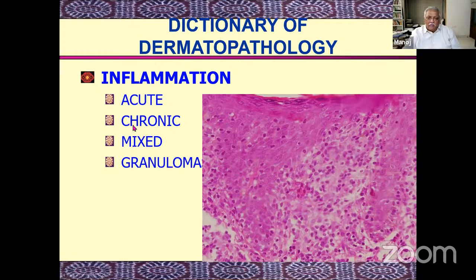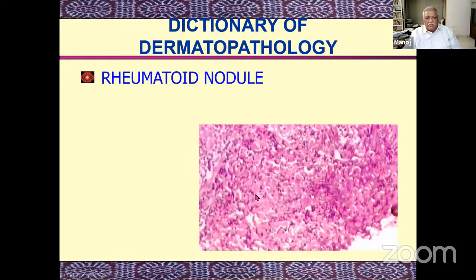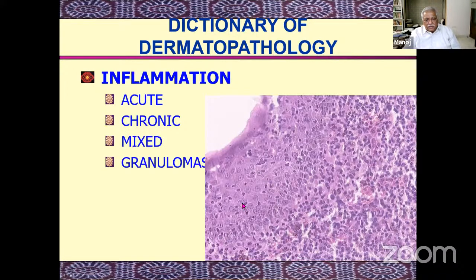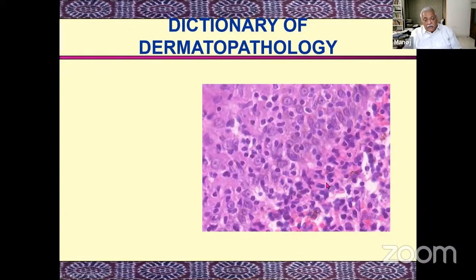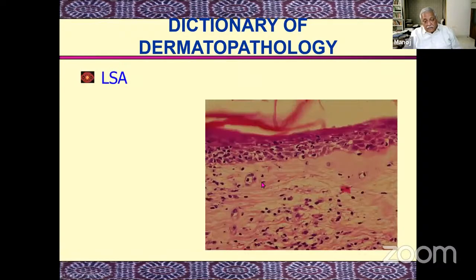So acute inflammation, chronic inflammation, mixed inflammation, granulomatous inflammation, granulomatous with necrosis, and so on. And different types of inflammations, chronic, lymphoid. Actually, a lymphoma could mimic an inflammation.